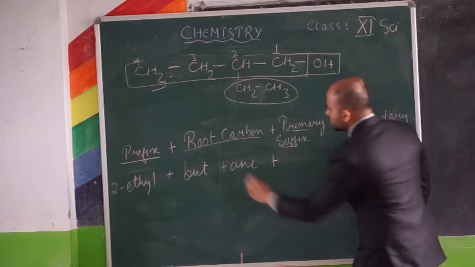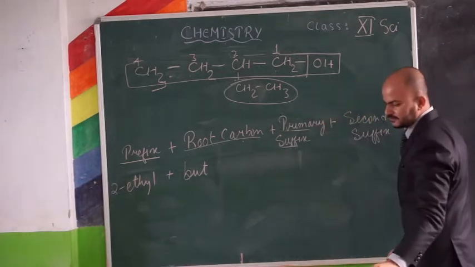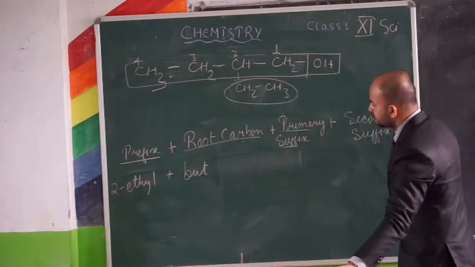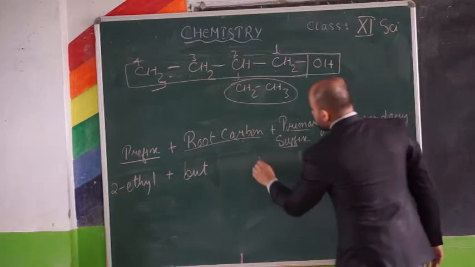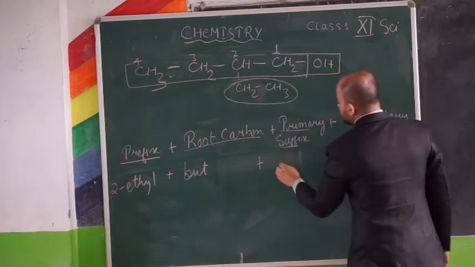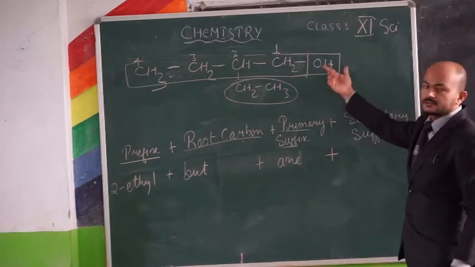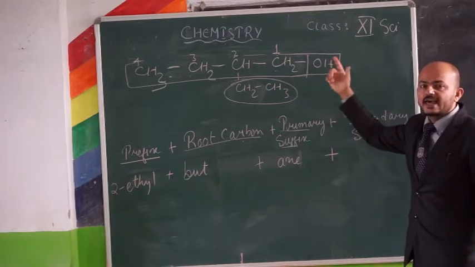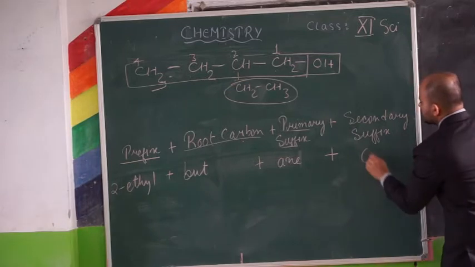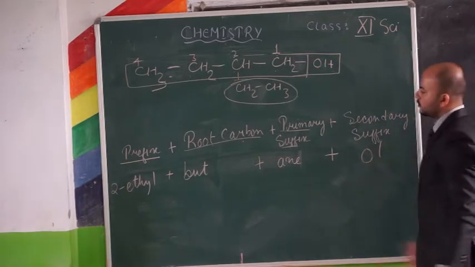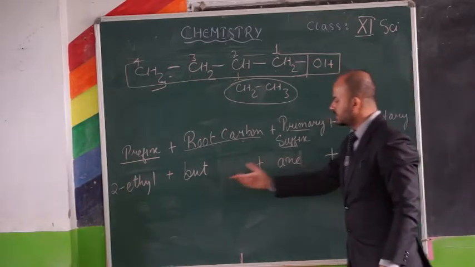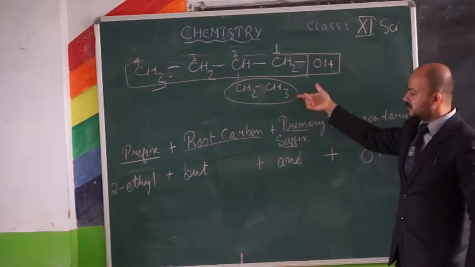So let me write just below it so that you won't be confused. Primary suffix is all single bonds, that means ane, and here you have the secondary suffix, that is OH. OH is what? Alcohol. Alcohol is always written as ol. So this is the correct way of naming this compound.